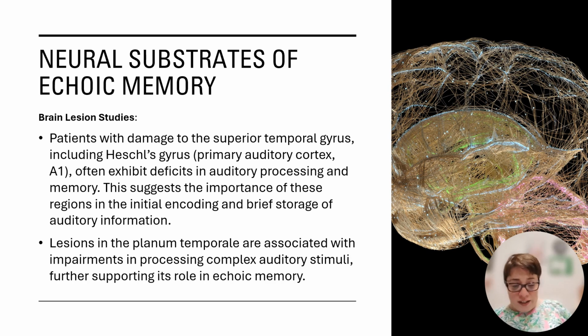So lesions in an area known as the planum temporale are associated with impairments in processing not only simple auditory stimuli, but also fairly complex auditory stimuli, which further supports the primary auditory cortex as being critical in the development of echoic memory.